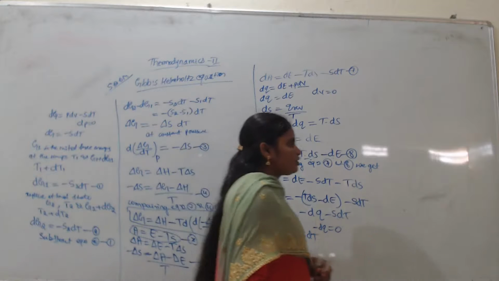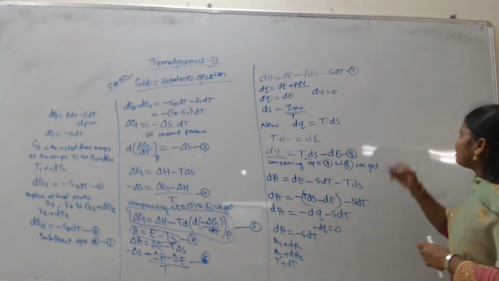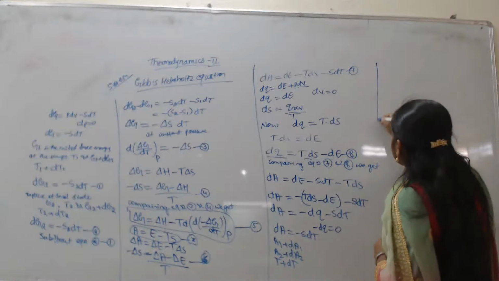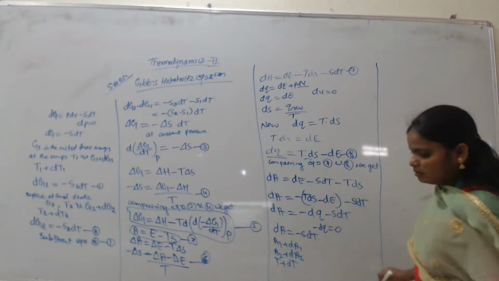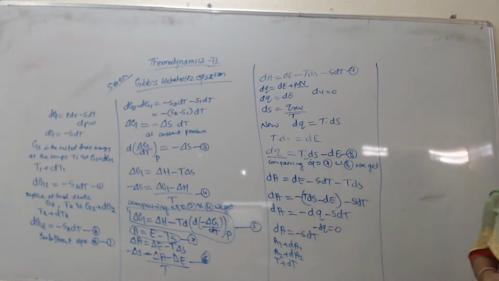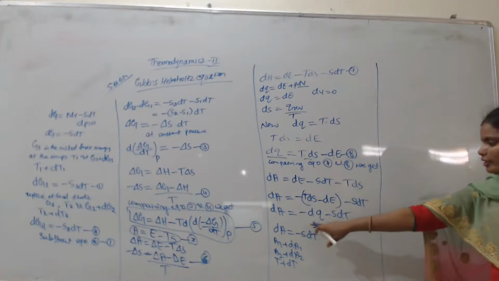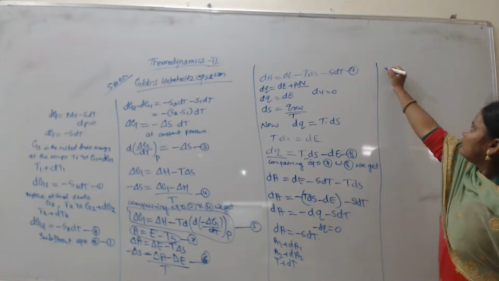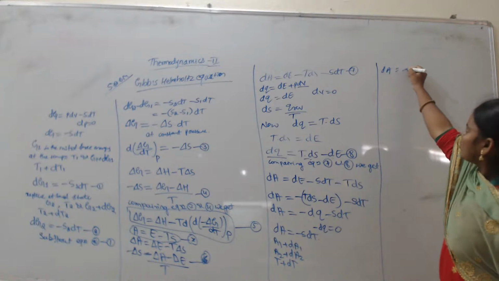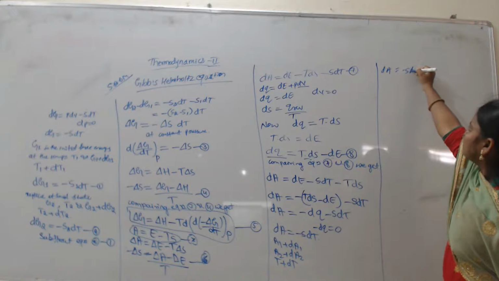And next, the equation we have here is a continuation of this. According to this equation, dA is equal to minus S dT.